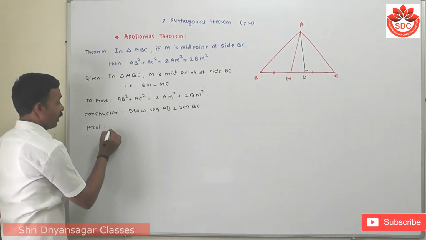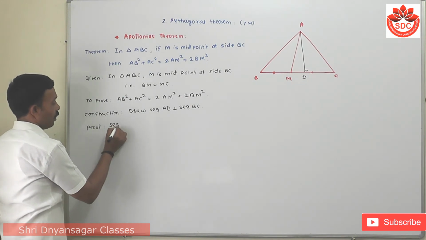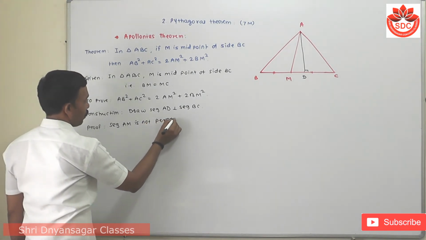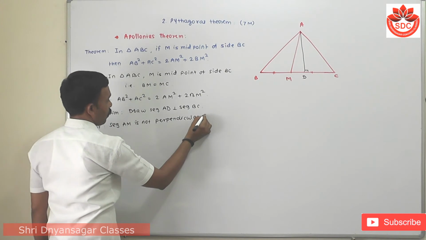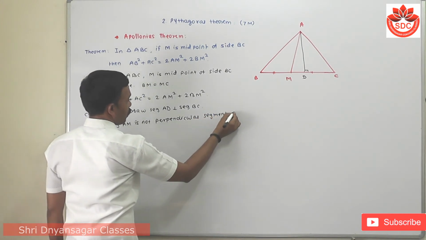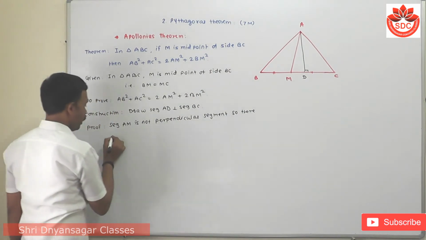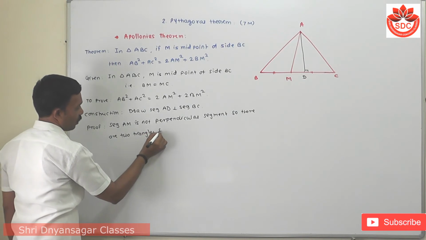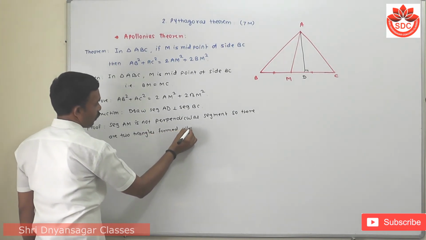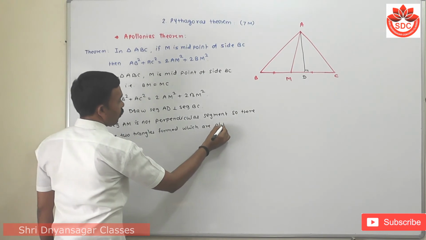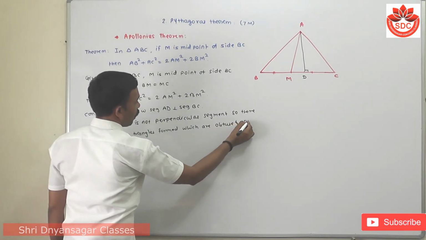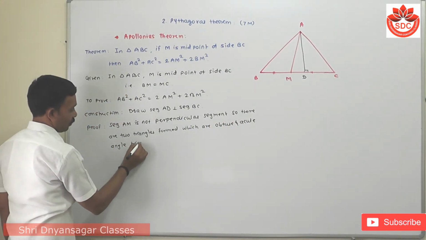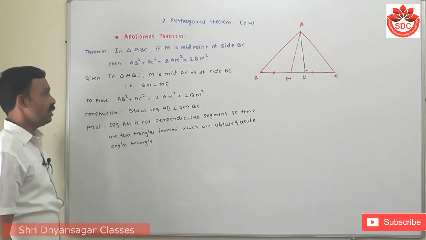So here segment AM is not perpendicular, so two triangles are formed, which are obtuse angle and acute angle triangles. Now we use this sentence.